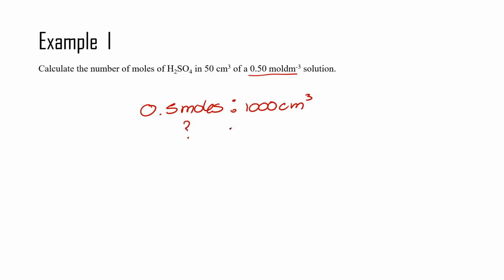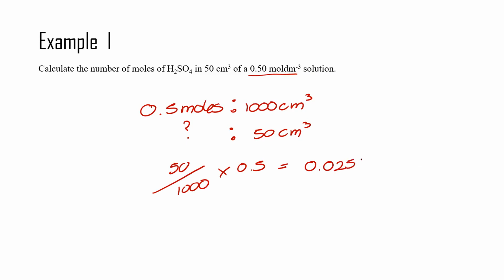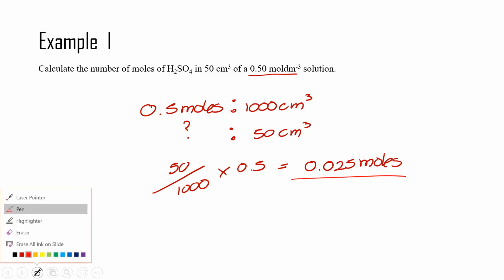So how many moles in 50 centimeters cubed? This will be 50 divided by 1000 times 0.5, which is equivalent to 0.025 moles. The answer would be 0.025 moles of H2SO4.